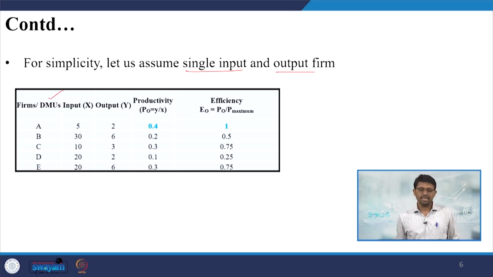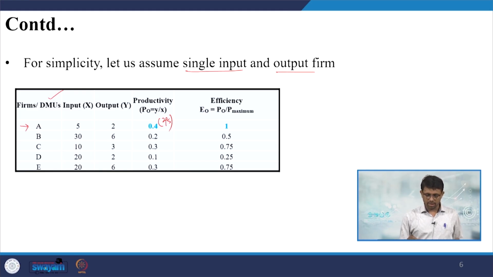Hence, the productivity for the first form is calculated as 2 by 5, so it is 0.4, and similarly 6 by 30, etc. That is simply called output by input.